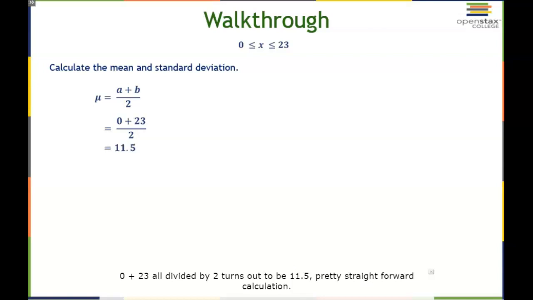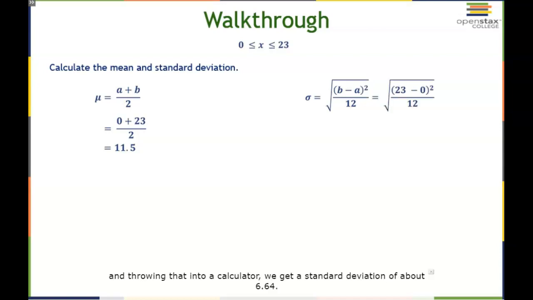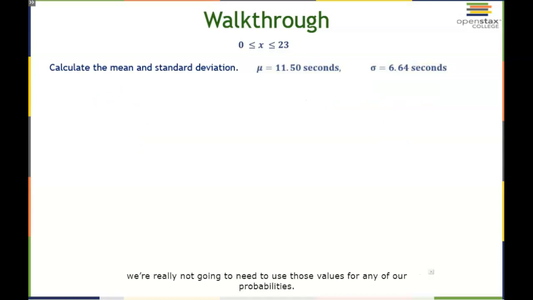Pretty straightforward calculation. For our standard deviation, it's going to be the square root of our high minus low all squared divided by 12. And throwing that into a calculator, we get a standard deviation of about 6.64. Now, from here on out, besides knowing what our mean is and knowing our standard deviation, we're really not going to need to use those values for any of our probabilities.